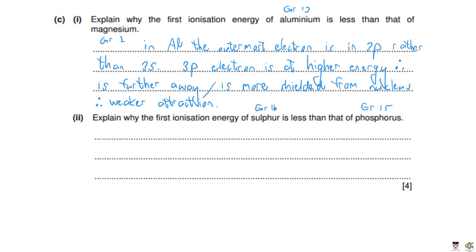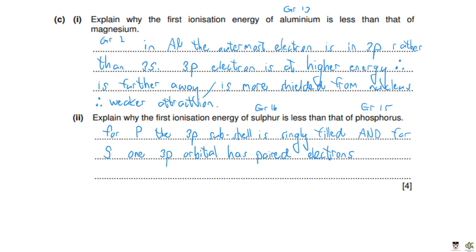Again, we have to consider the electron arrangement, but for this exception, it will be because in sulfur we start pairing up the electrons in that p sublevel. There's going to be one p orbital where we have a pair of electrons, and as a result of the electron pair repulsion or spin pair repulsion, we're going to have a weaker attraction between the outermost electron and the nucleus.